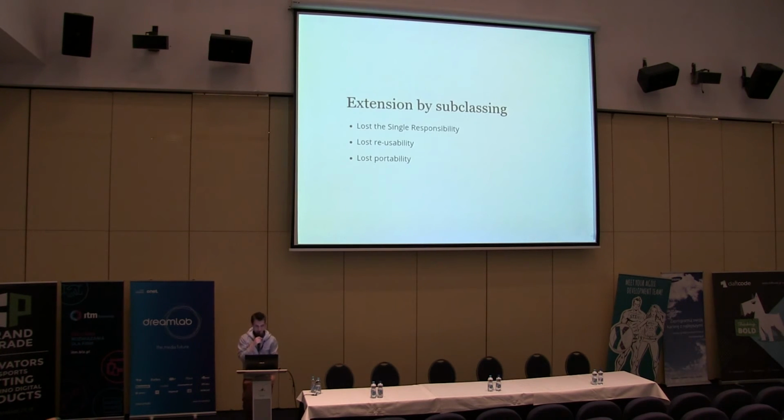Because there are other problems here. We've lost the single responsibility. The class is no longer responsible for just one thing. And we've lost reusability. Of course, we can use this class to send any kind of emails, not only report emails.